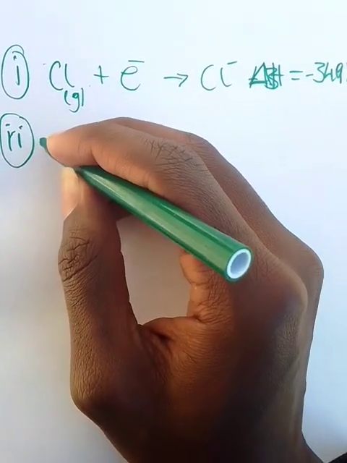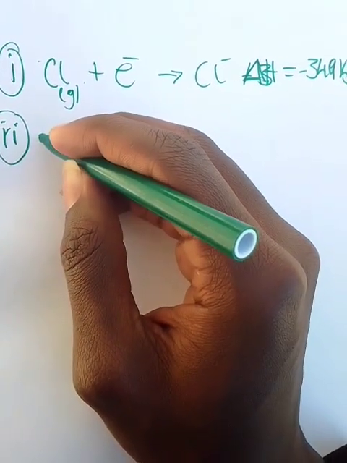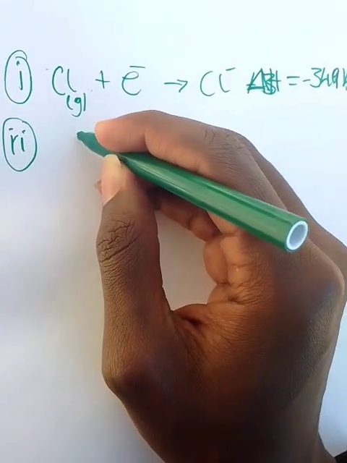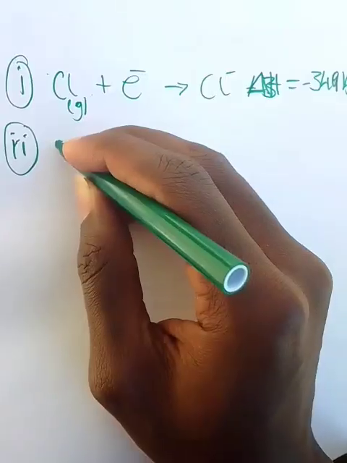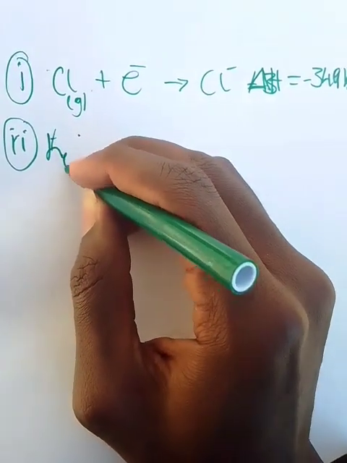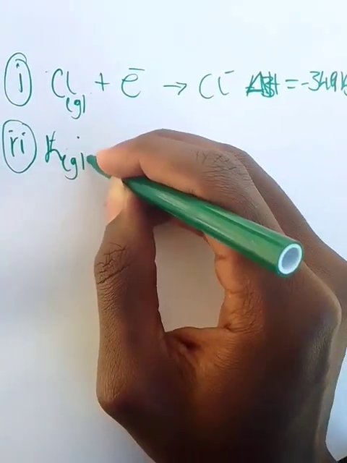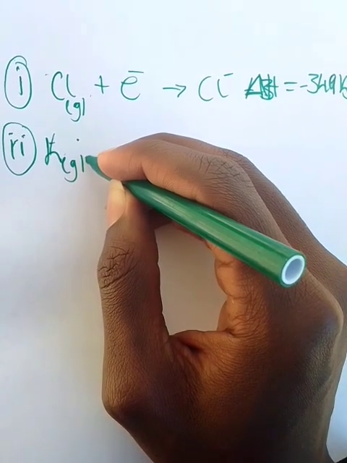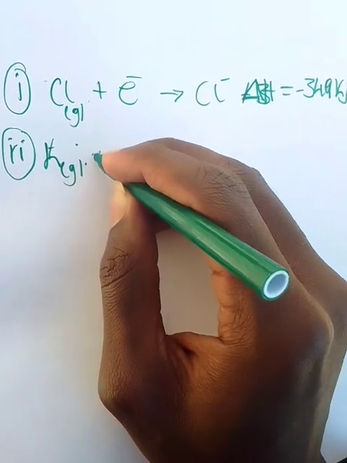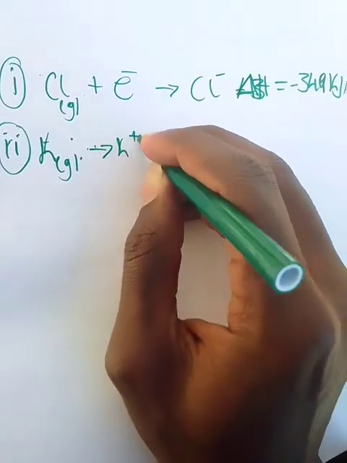And then the second one is a reaction which is the first ionization energy. Ionization energy is the energy required to remove an electron from the gaseous element. In this case, it is potassium that is given. When it loses an electron, it becomes positively charged.